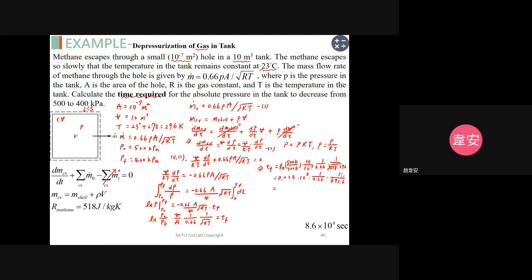So 0.223 divided by 0.66 and divided by 391.6, multiplied by 10 to the 8 power, is equal to 86281.6 seconds.